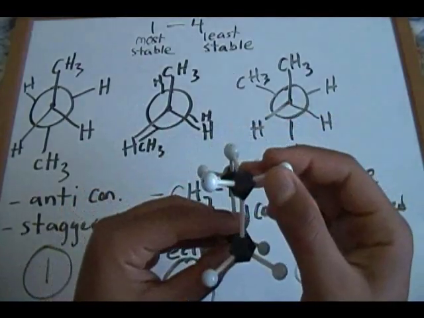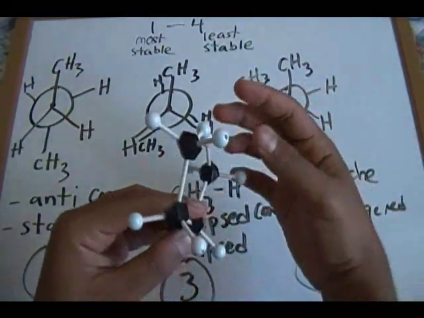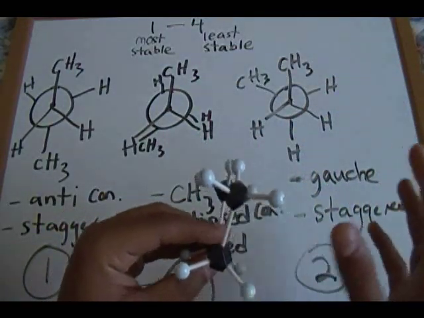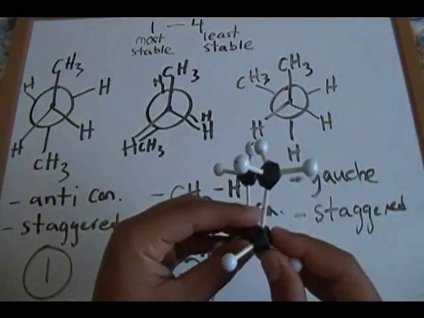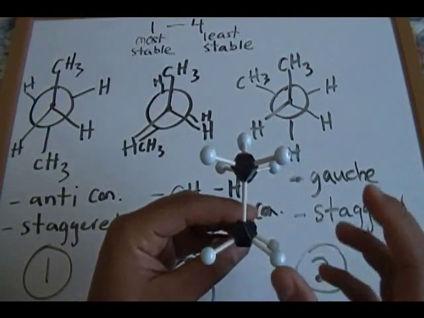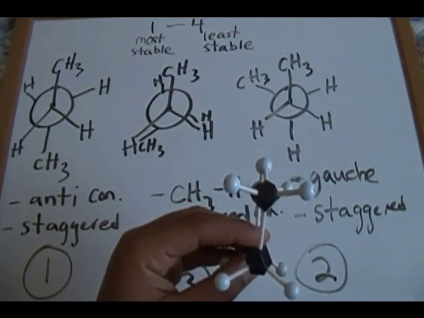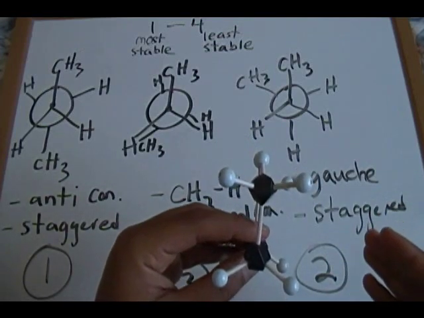And now you have the steric strain, which is the atomic radii. You have atoms too close to each other. You're making it very uncomfortable for the atoms also. So now this results in steric and torsional strain, resulting in greater energy, resulting in something even more unstable.